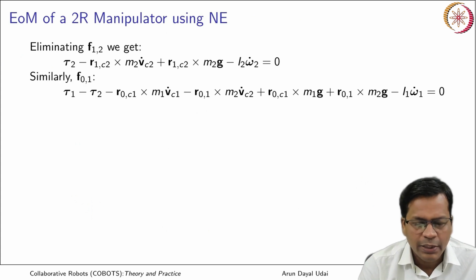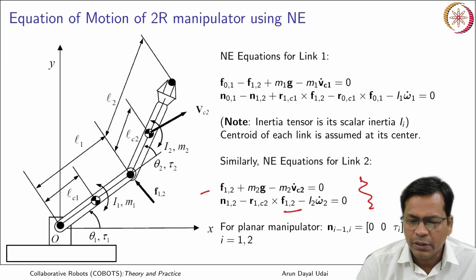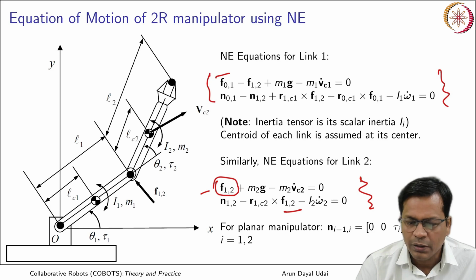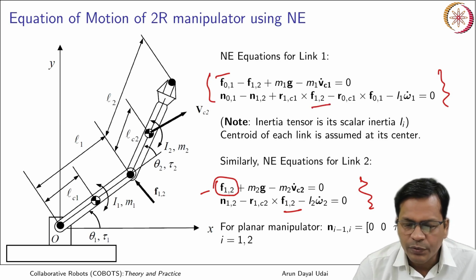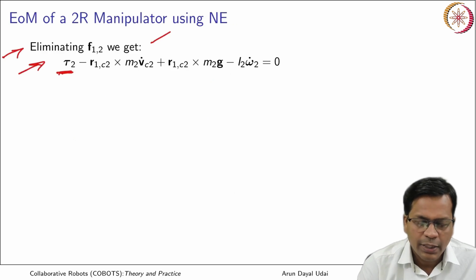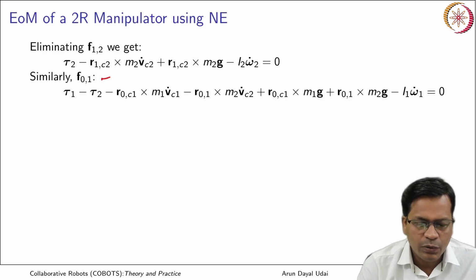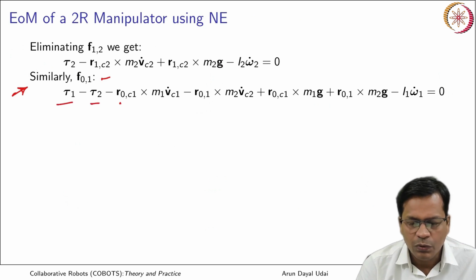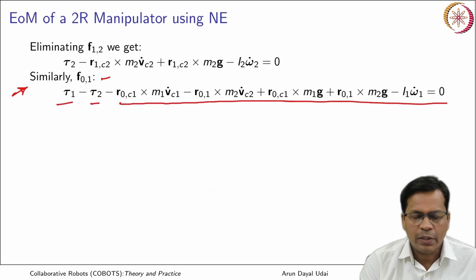Similarly, F01 from the first pair of equations, that is this one, F01, and F12 comes from here, that goes here, and F01 which is here. All those can be extracted now, and you get to this, that is tau 1 minus tau 2 is equal to the whole of this.